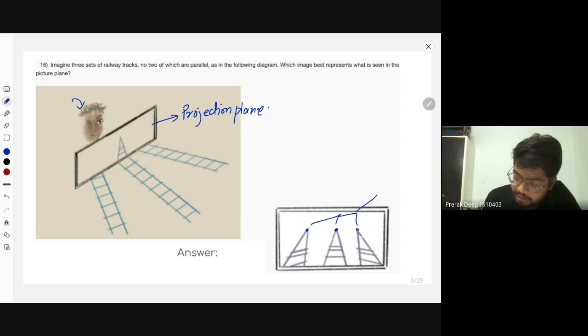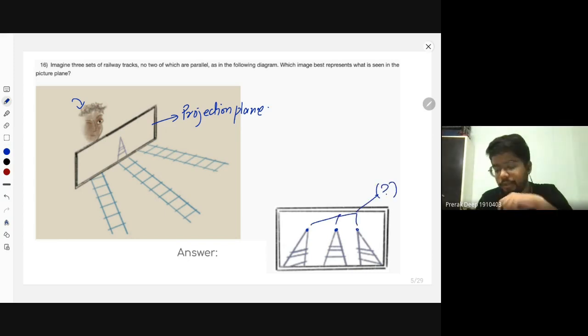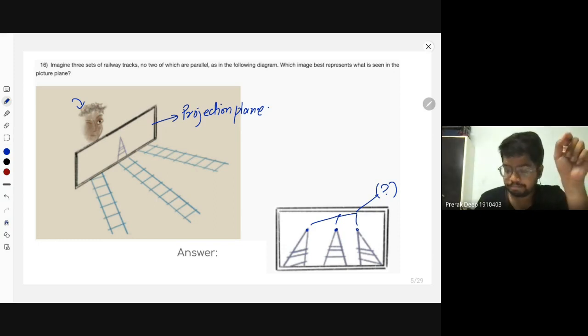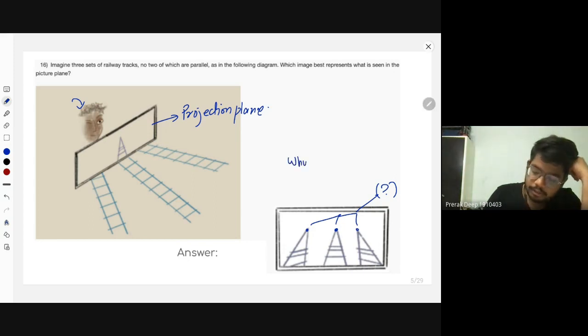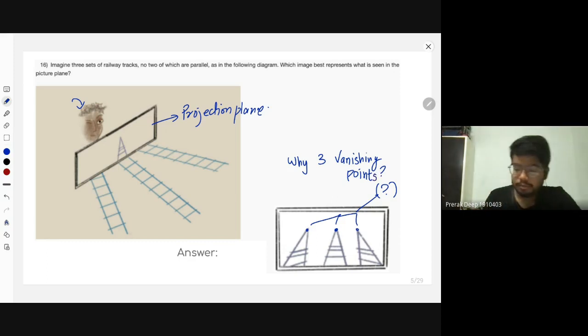So the first question is, why are there three vanishing points? Why not fewer or more than three?